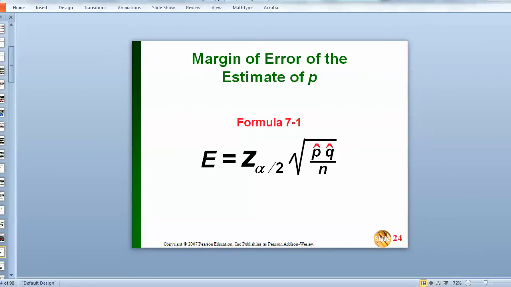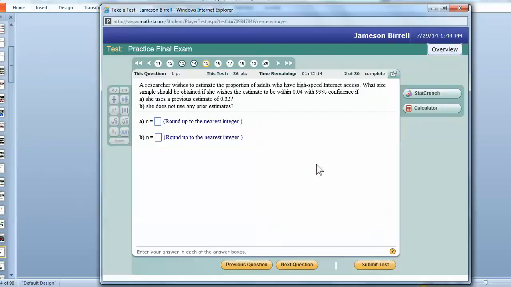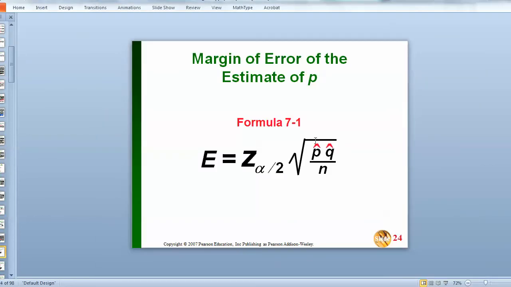One where she's using a previous value of p hat being 32 hundredths, so 32%, which would make q hat 68%. But she then has to reverse calculate and determine what n is.